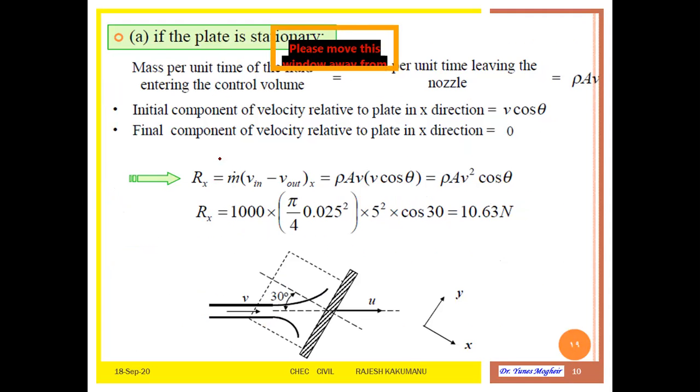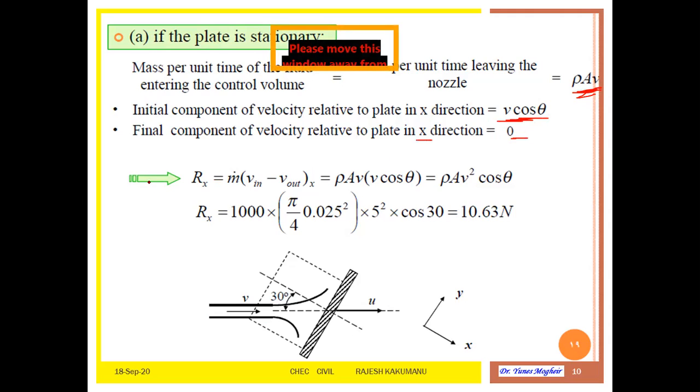If the plate is stationary, the mass per unit time entering the nozzle is equal to the mass per unit time leaving the nozzle, that is equal to rho into A into V. Now the initial component of velocity relative to the plate in the x direction, making an angle, is V cos theta. The final component of velocity relative to the plate in the x direction is 0.